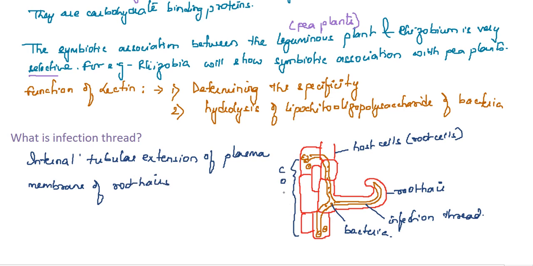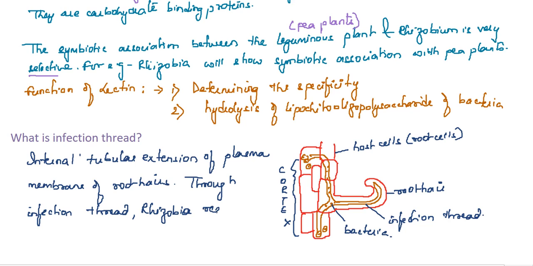So how are rhizobium entering into the cortical cells? How are they released in the cortical cells? Through this infection thread. So through the infection thread, these rhizobia reach the cortical cells.